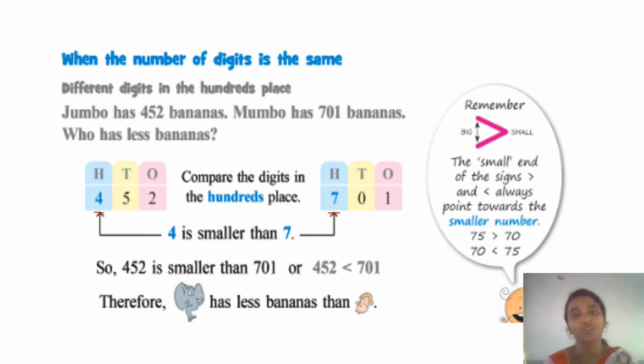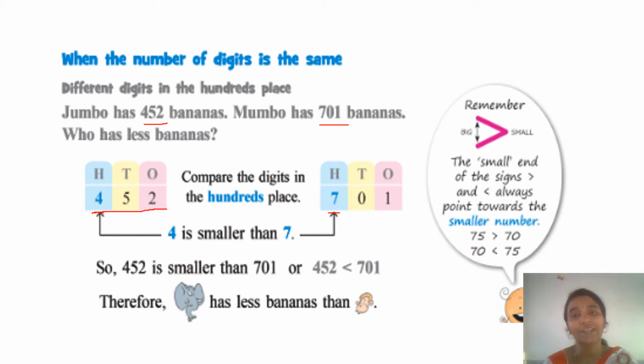Now coming to this picture, see here, Jumbo has 452 bananas and Mumbo has 701 bananas. Who has fewer bananas? How many bananas does Jumbo have? 452, right? So I am writing 452 under hundreds, tens and ones.